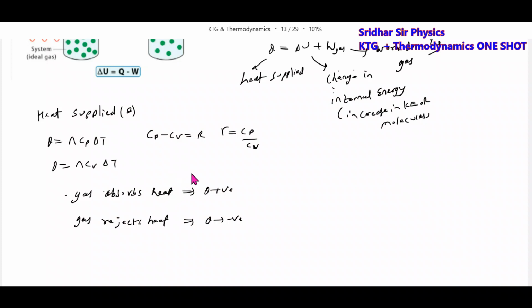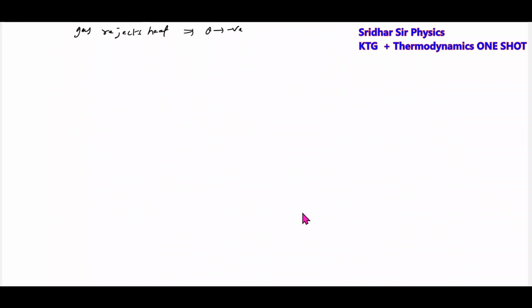Similarly, next one will be the change in internal energy. We'll discuss here. What is the change in internal energy?